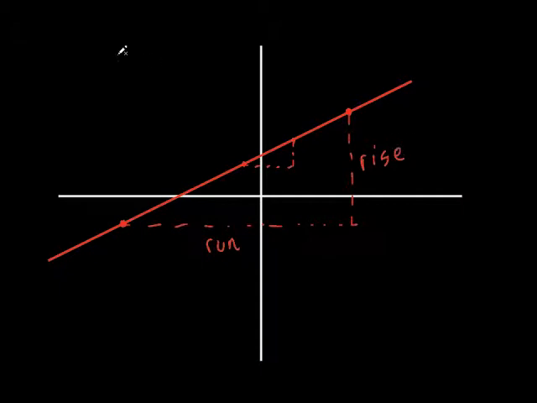So to find the slope of this thing, now watch, this is very important. To find the slope, or how much it's slanted, we take 2 points on that line and we figure out how far from here to here it is, the rise. And what do we do to the run? We divide it by the run. So we take from here to here, we figure out that length.